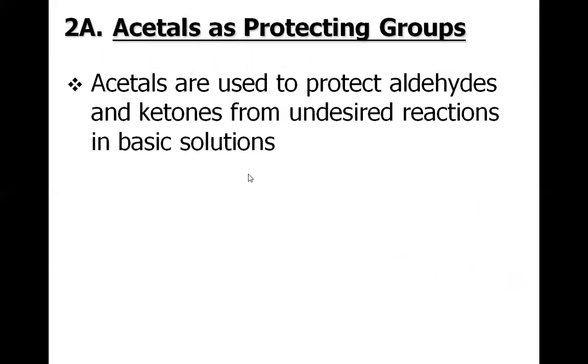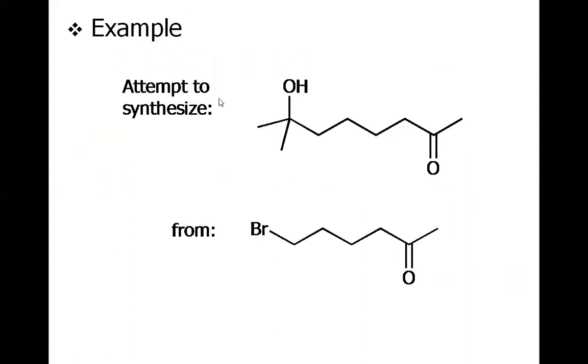So what is the advantage of acetals? Acetals serve as protecting groups. Acetals are used to protect aldehydes and ketones from undesired reactions in basic solutions. What does it mean? Let's take this example. Suppose we want to make this compound from this compound.